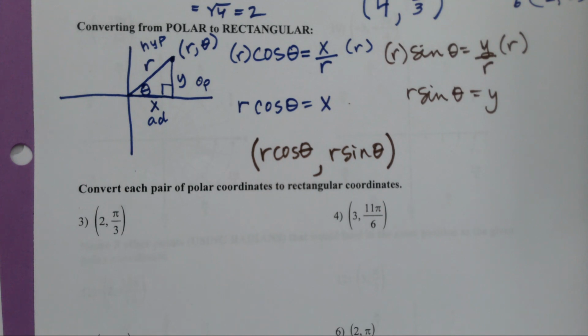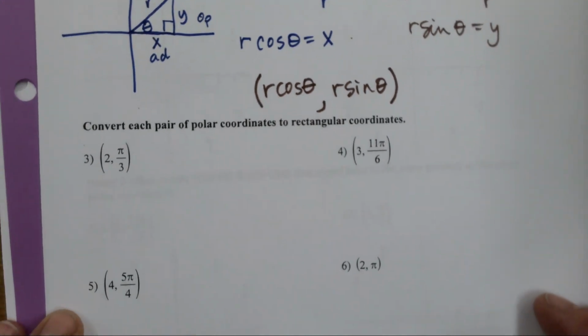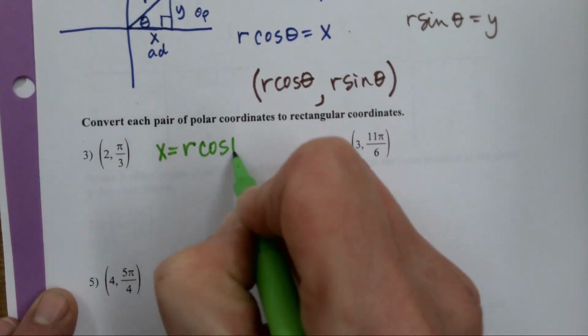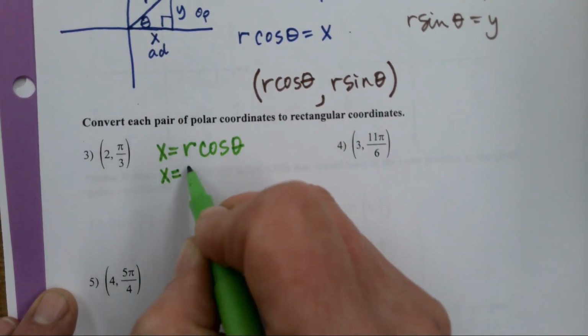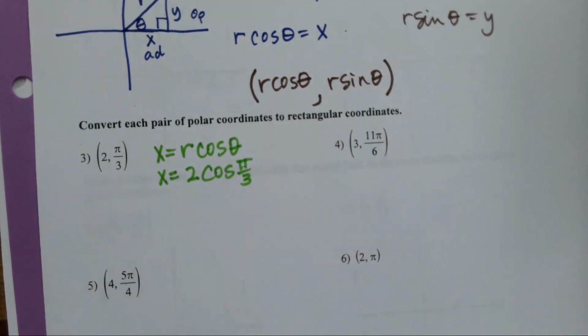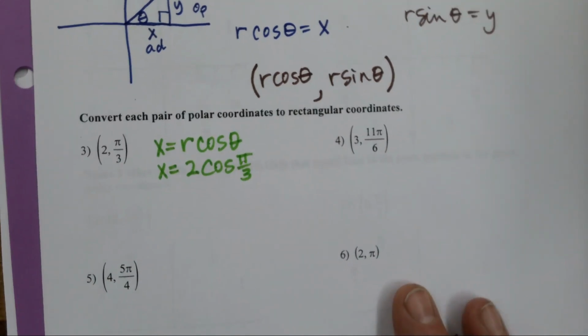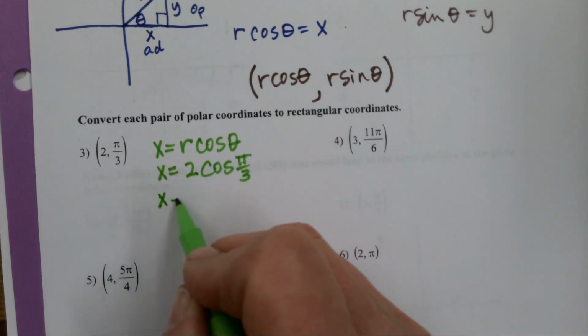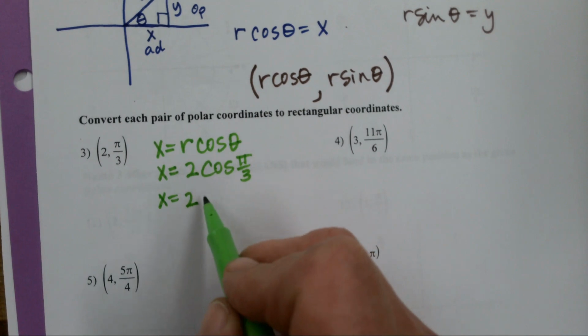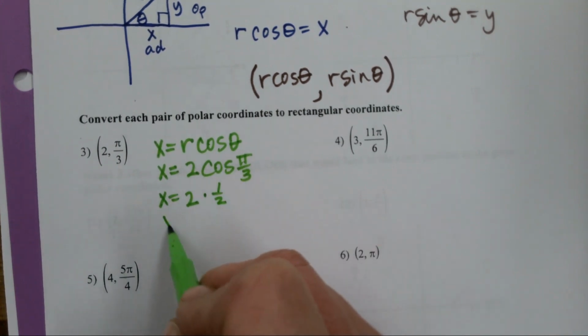For number 3, I'm going to figure out x. x is r cosine theta. So x is 2 times the cosine of pi over 3. What is the cosine of pi over 3? 1/2, beautiful. So 2 times 1/2. So x is 1.